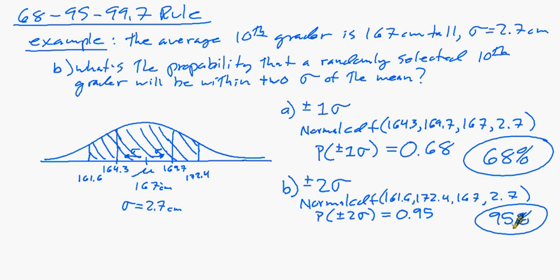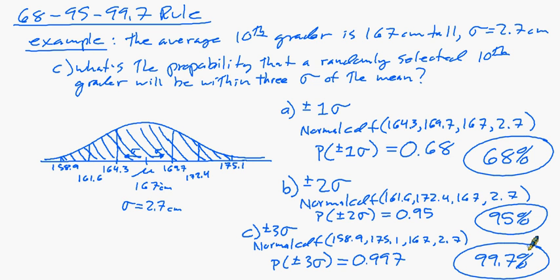Within 2 standard deviations. And of course, let's go 3 standard deviations. And we get, with 3 standard deviations, 99.7% probability, which is, of course, the 68, 95, 99.7 rule, 1, 2, and 3 standard deviations away.